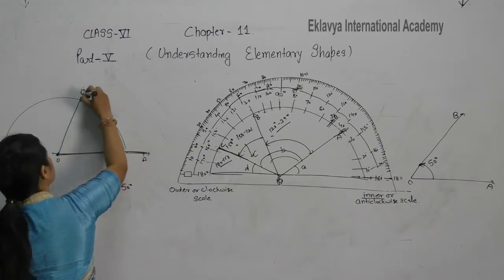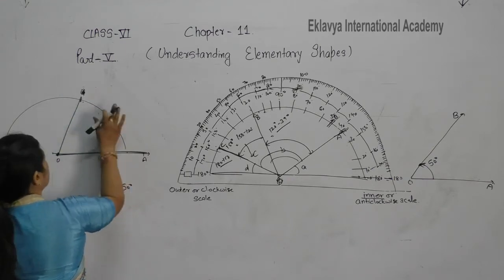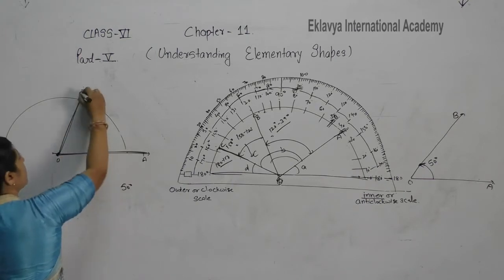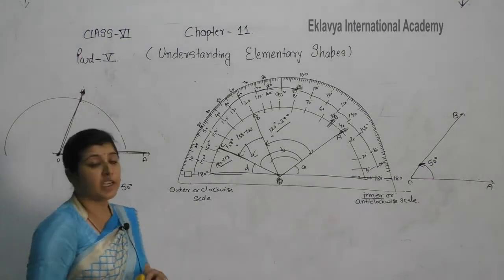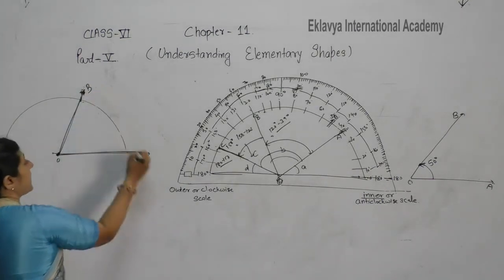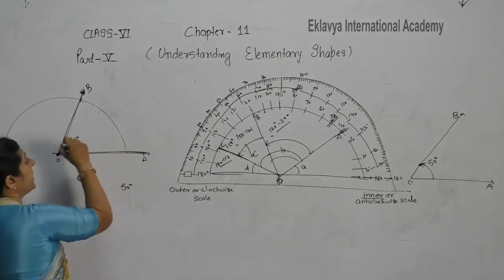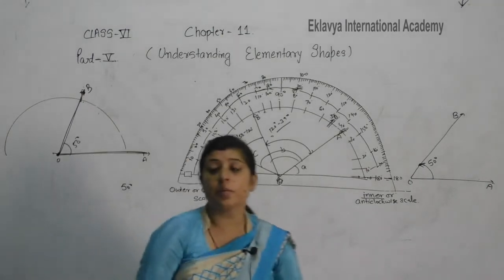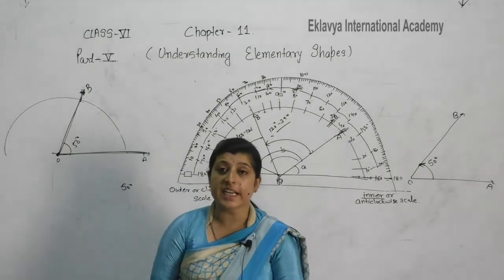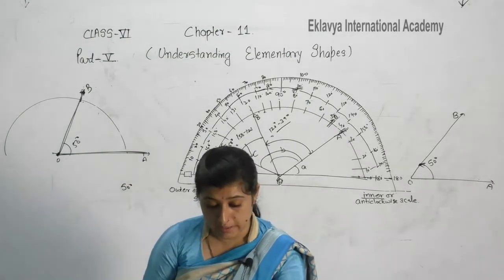So we will mark this point, then after removing the protractor we will join this point with AO, and then AOB becomes equal to 50 degree. So, using the protractor we can measure an angle or we can draw an angle.